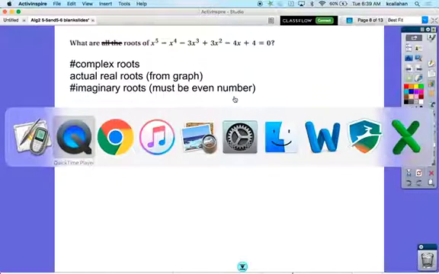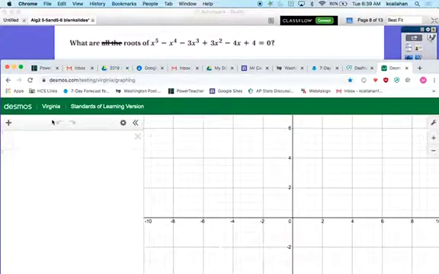This is a quintic polynomial, right? So how many complex roots are there? There's 5.